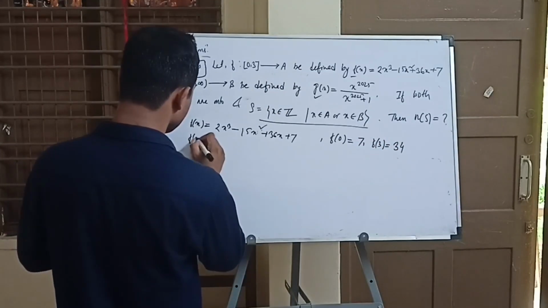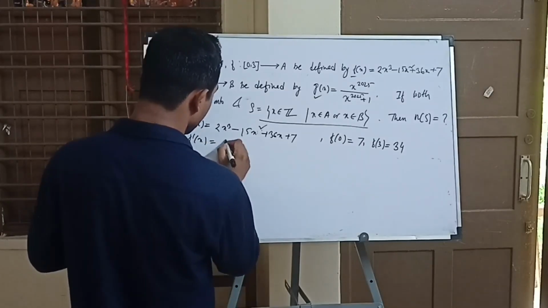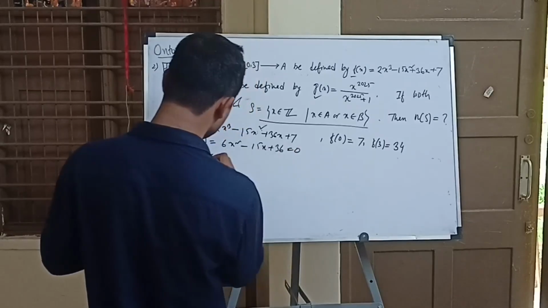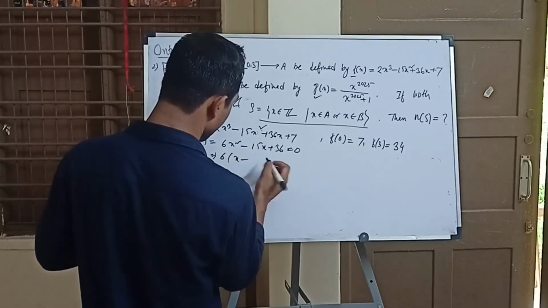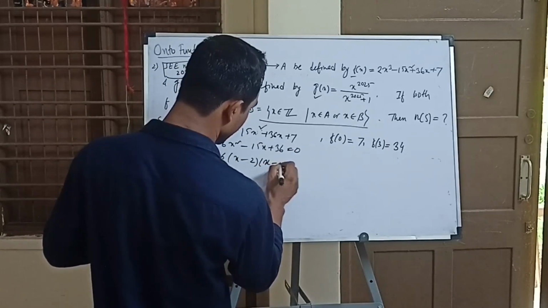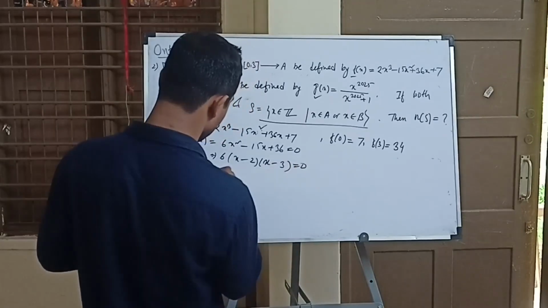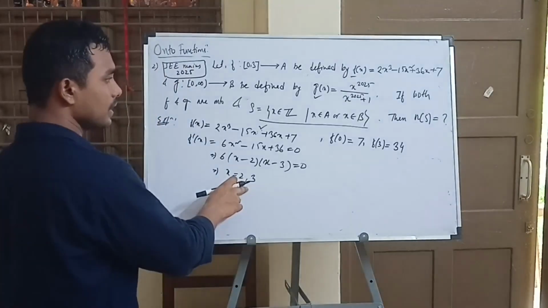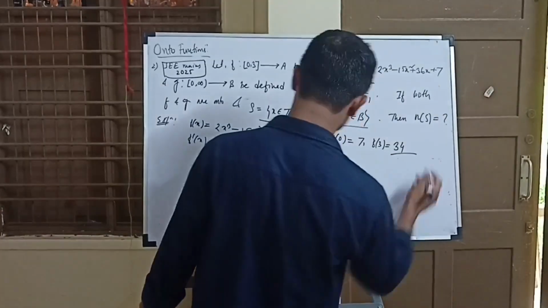34. What is this? f dash of x is 6x square minus 30x plus 36 equal to 0. Then the critical points are x minus 2, x minus 3. Correct? The critical points are there. Because 3 is a boundary point and the value at 3 is 34. Good.